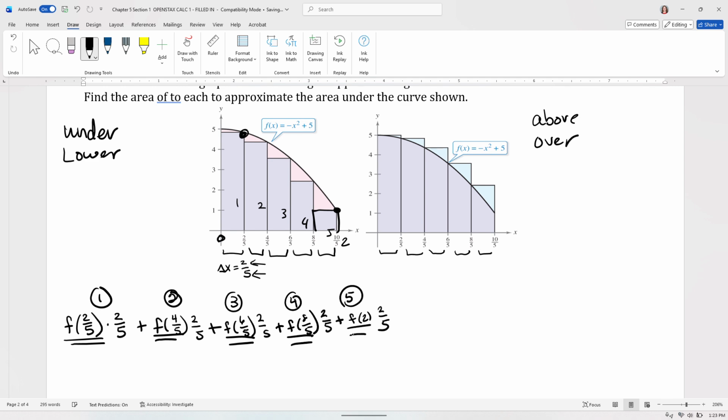If you want to pause the video for your notes and find these values with your calculator, that would be very helpful. I actually used the table function on my calculator so that I could find them quickly. So let me fill some in here. I actually cleared it accidentally. So negative x squared plus 5.